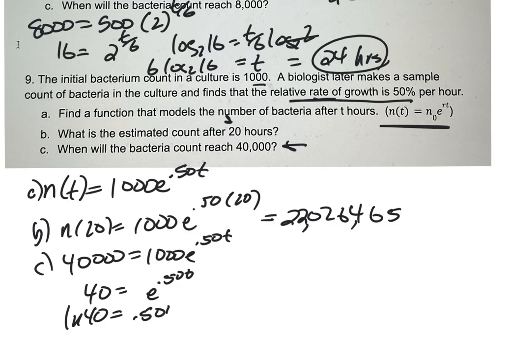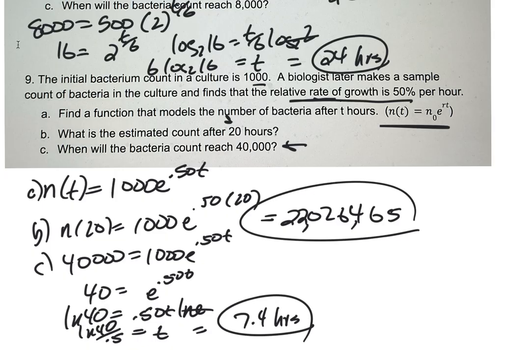Put the exponent in the front. Natural log e, that's gone. So my answer is going to be whatever natural log 40 divided by 0.50 is. Going to punch that in. Natural log 40 divided by 0.5. I'm getting about 7.4. What are we talking about here? Hours. Boom. All right, one more of these.